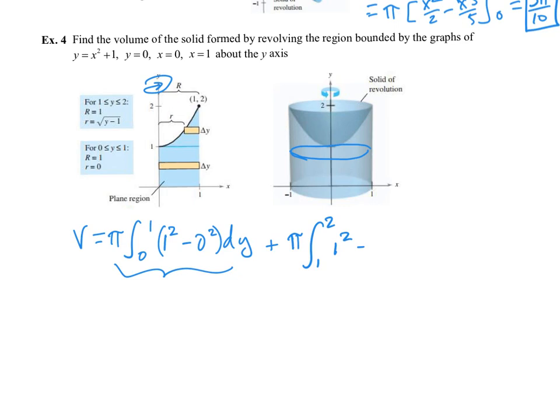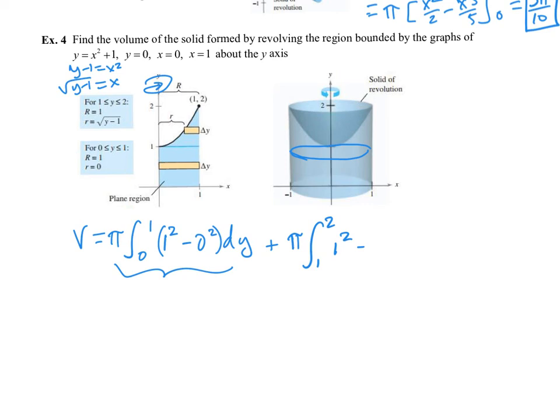And the inner radius we find by using this function, which is the square root of y minus 1. I guess we should have taken a minute to do that. Let's take a look up here. If y equals x squared plus 1, we need to solve this for x if we're going to be integrating with respect to y. So that would be y minus 1 equals x squared, and then we take the square root of both sides, so x equals the square root of y minus 1.